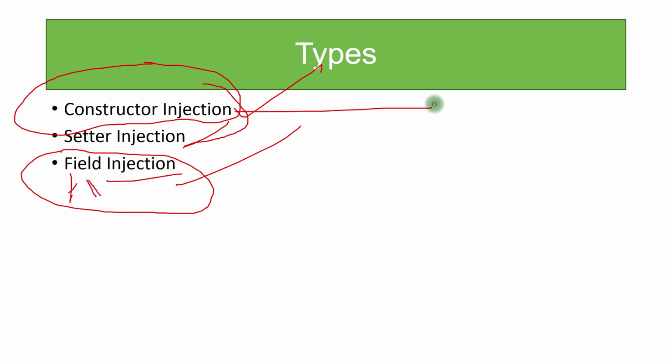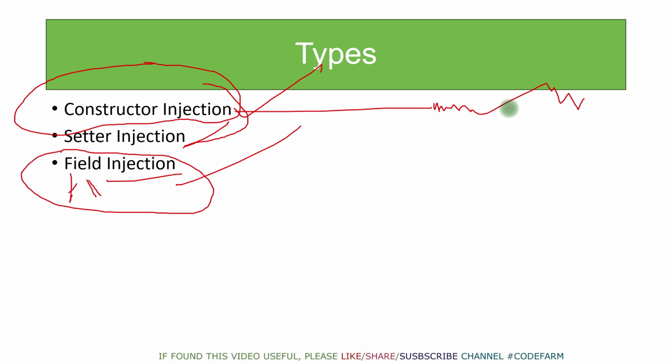Constructor injection must be used when there is a mandatory dependency, like some dependency is there, without which my class cannot work basically. So for those dependencies, always go with constructor injection. If there is any optional dependency that can be taken care of later on, those dependencies must be set via setter injection.